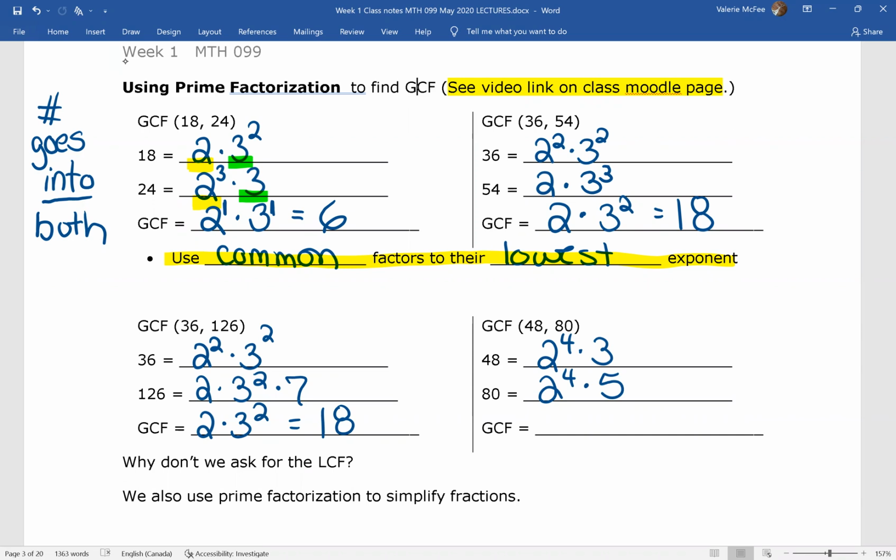We see here that they both have 4 factors of 2. The greatest common factor is 16.